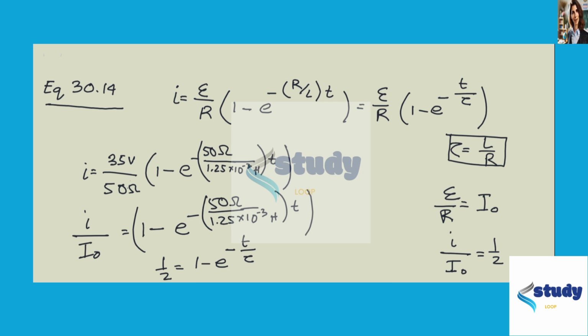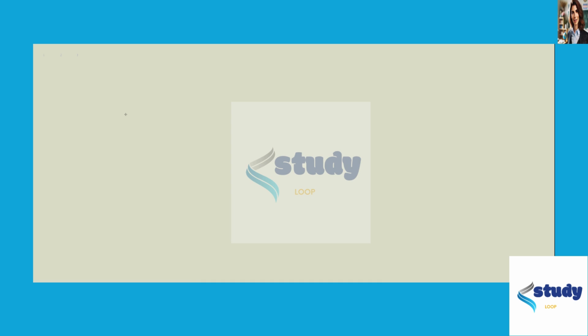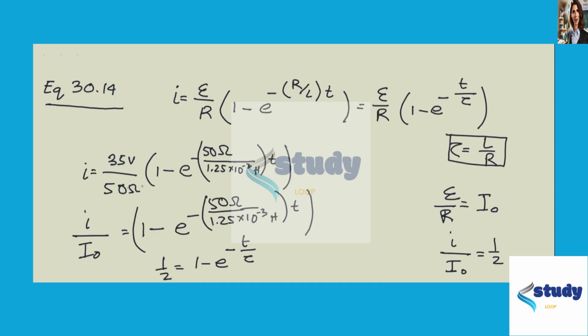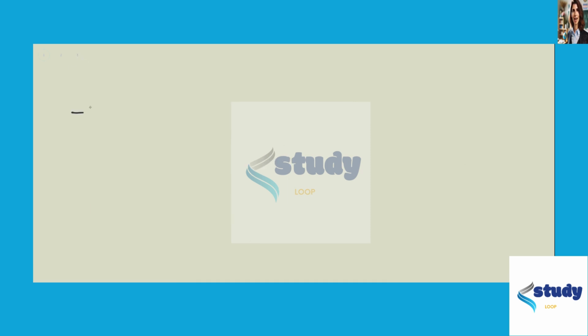Now, if we simplify this expression, all we have to do is first, let's subtract 1 from half so that we can get rid of this 1 here, and we'll get negative half is equal to negative e to the power negative t over tau.